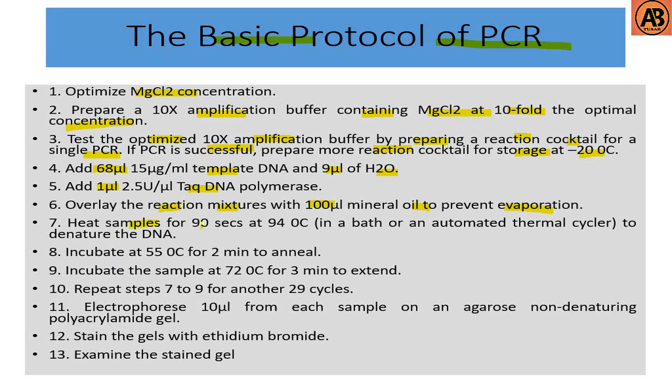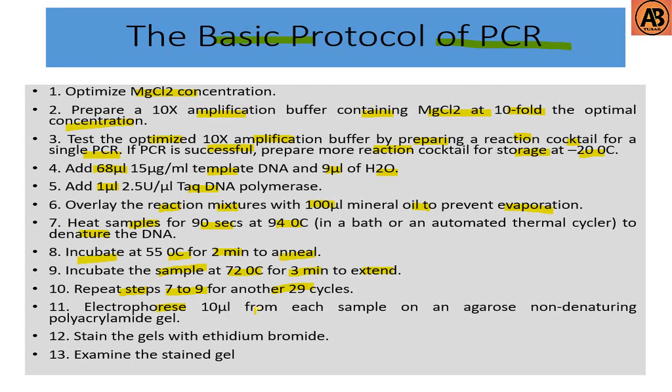Heat samples for 90 seconds at 94 degrees centigrade to denature the DNA. Incubate at 55 degrees centigrade for 2 minutes to anneal. Incubate the sample at 72 degrees centigrade for 3 minutes to extend. Repeat steps 7 to 9 for another 29 cycles.